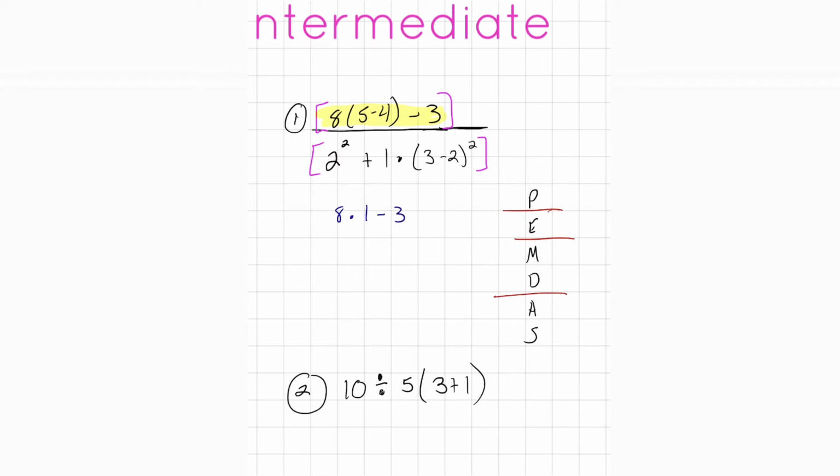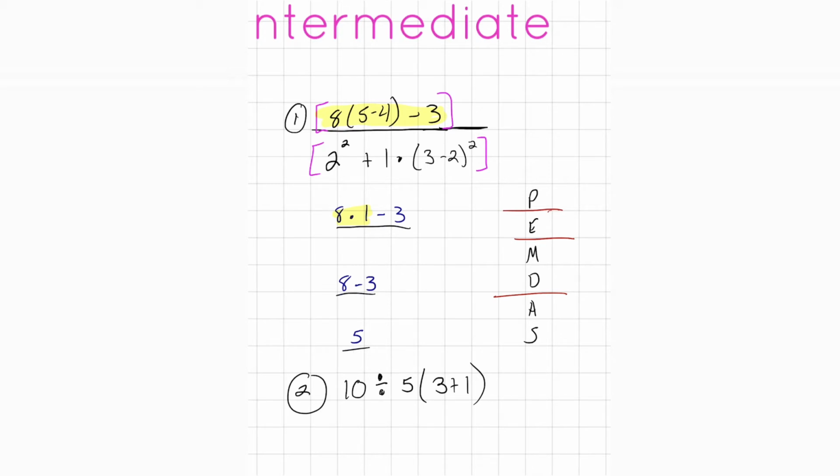The next step in order of operations for us is multiplication and division, which ends up being 8 times 1, which is just 8. Oops, let me write that in the pen. 8 minus 3. And then we simplify 8 minus 3 to be 5.